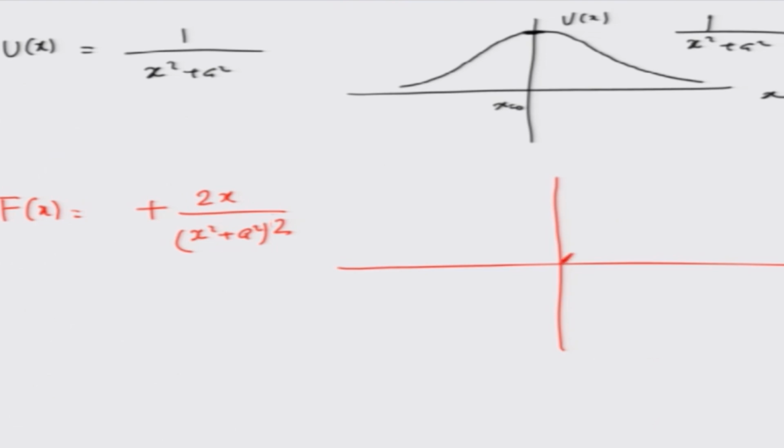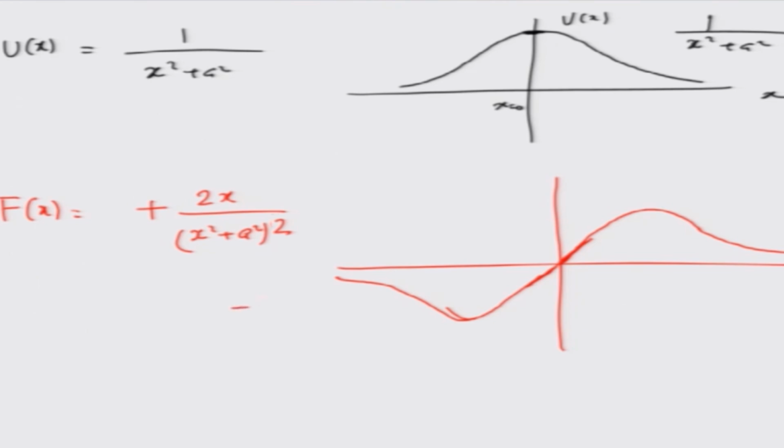So it is linear and is positive on the right hand side, negative on the left hand side, attains a large value and then goes down as 2 over x cube for x much greater than 0.